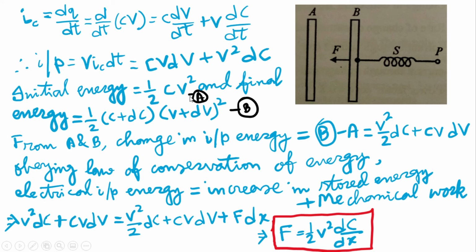So initial energy is expressed as A and final energy, let it be expressed as B. So from A and B, we can do B minus A to get the change in energy. So if you do B minus A, you will get the change in input energy, not exactly input energy, we should write it as change in field strength.